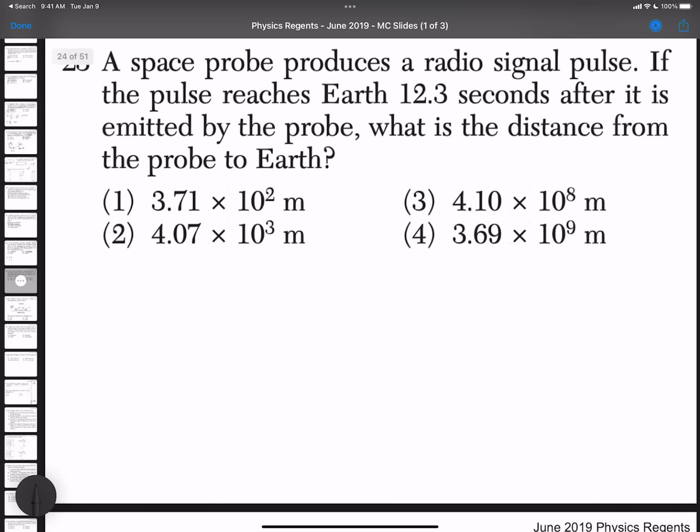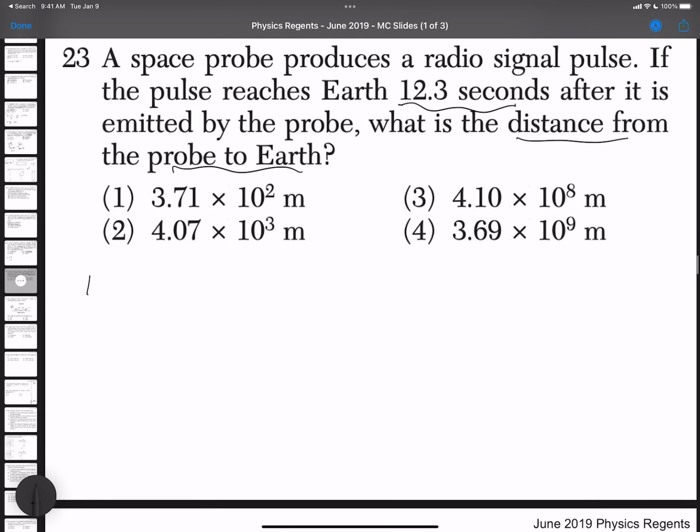All right, question 23. A space probe produces a radio signal pulse. If that pulse reaches Earth in 12.3 seconds after it is emitted by the probe, what is the distance from the probe to the Earth? So first off, we know that this radio signal is traveling at a particular speed, and so the distance traveled is going to be equal to that speed times how much time it's traveling for.